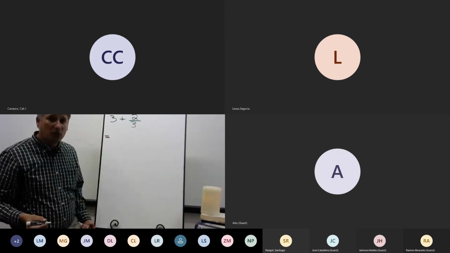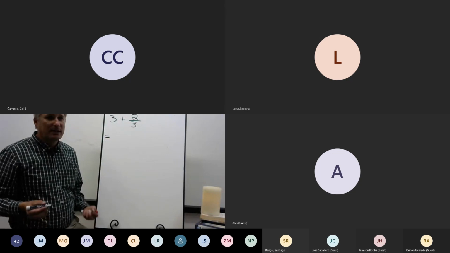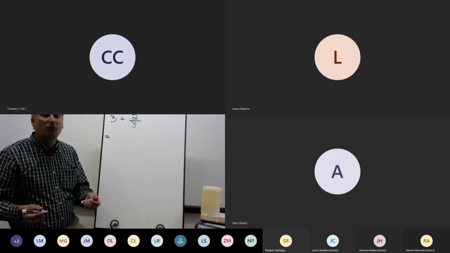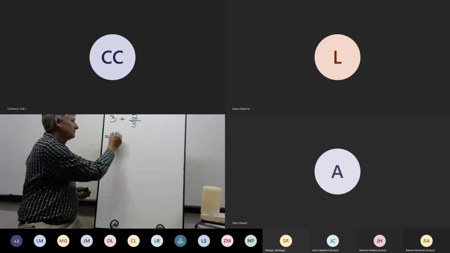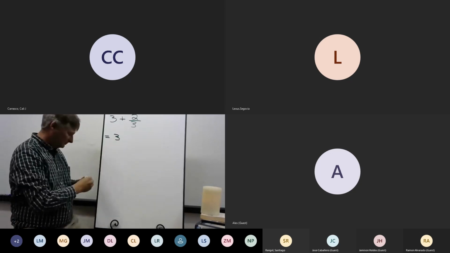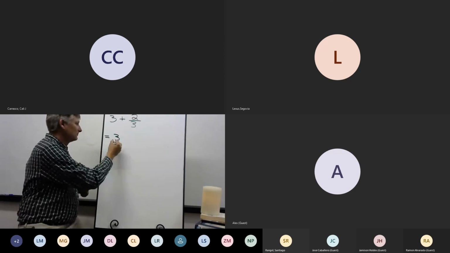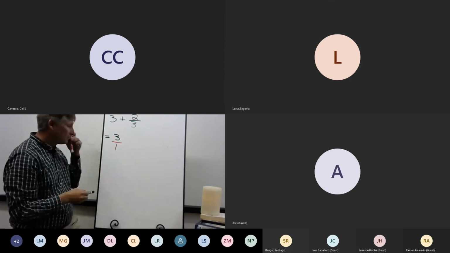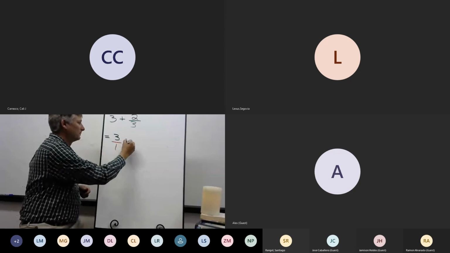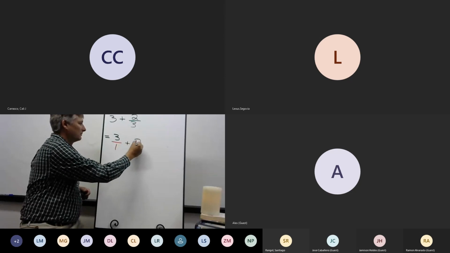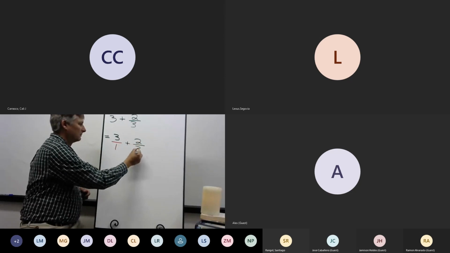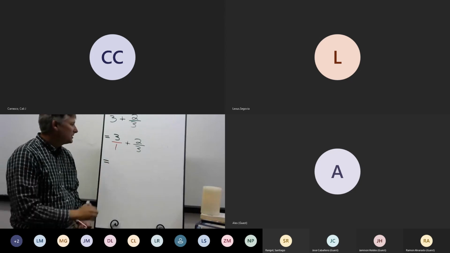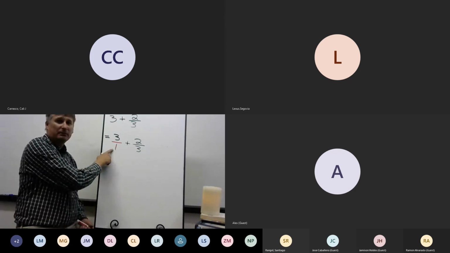We can always turn whole numbers into fractions by giving them a denominator, a bottom number, of 1. And so now we just have to give this a common denominator.